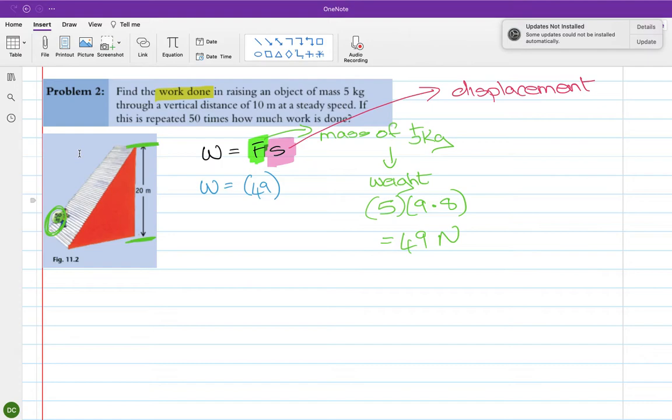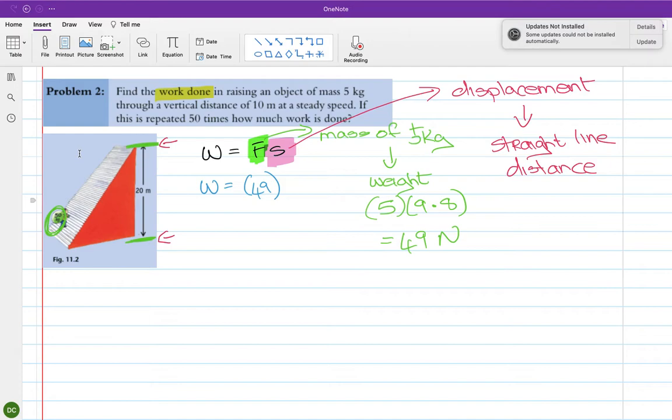The displacement, if you remember, is the straight line distance, the as-the-crow-flies distance. So it's where did the bag start and where did the bag end up. You can see from my green lines over here, the bag started here and it ended up here. It doesn't matter that he actually walked up a diagonal path, because the formula is force by displacement.